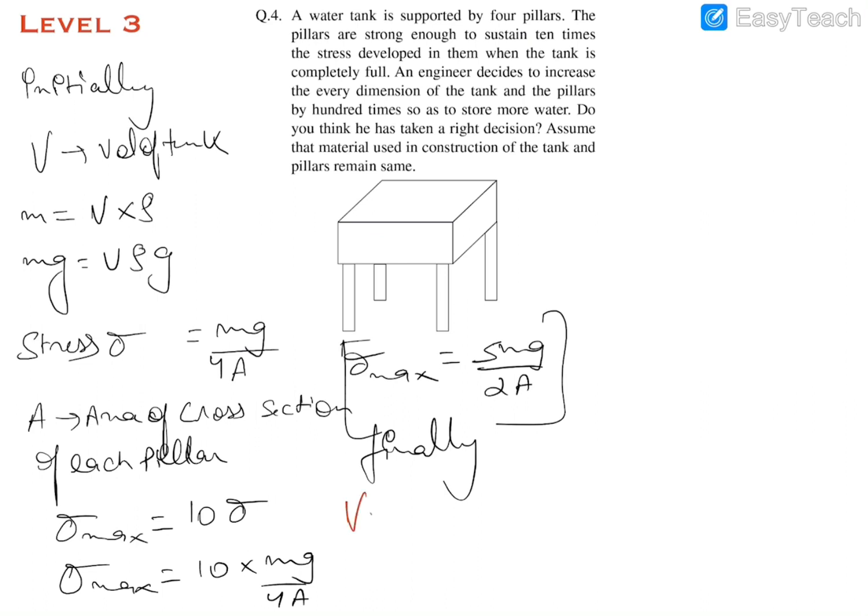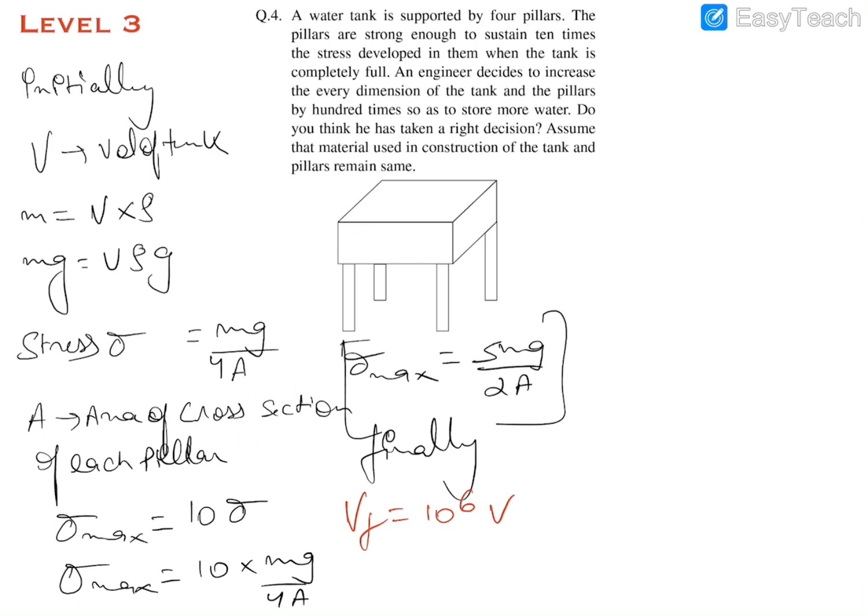So the final volume of the tank will be 10 to the power 6 into V. This is because volume is length into breadth into height, so if each is increased by 100 times, the volume will be 10 to the power 6 times the initial volume.